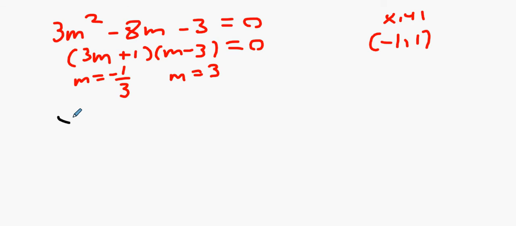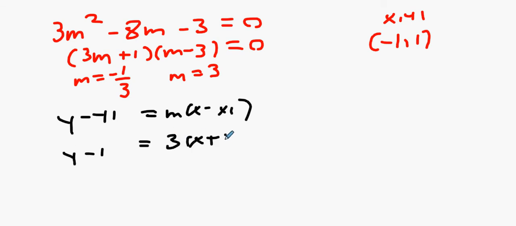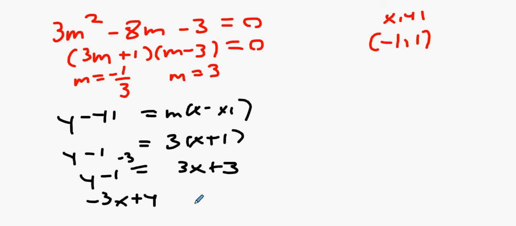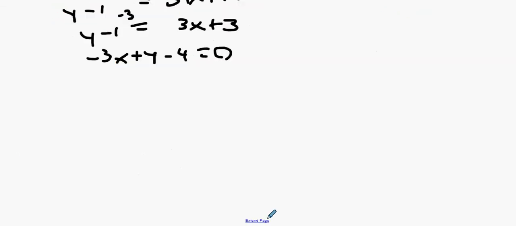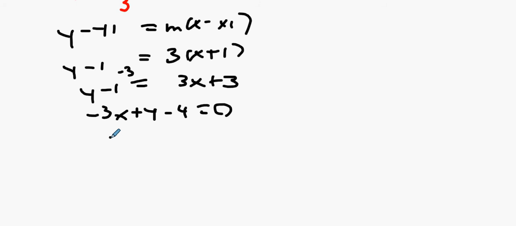So y minus y1 equals m into x minus x1. y minus 1 equals 3 into x plus 1. y minus 1 equals 3x plus 3. Minus 3x plus y minus 4 equals 0. What's the other version of that answer? 3x minus y plus 4 equals 0.